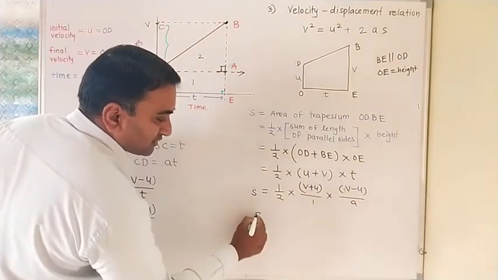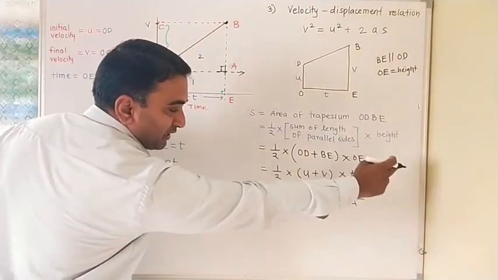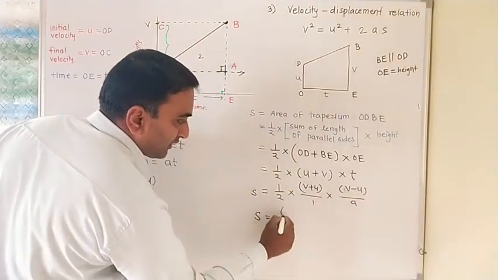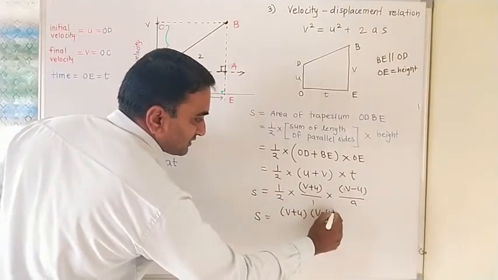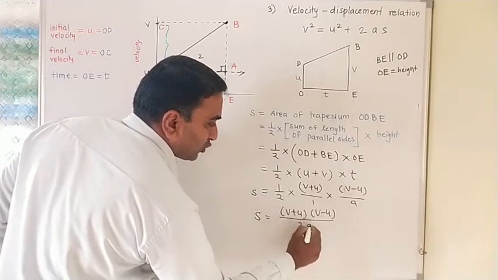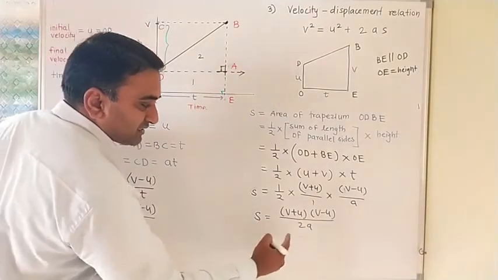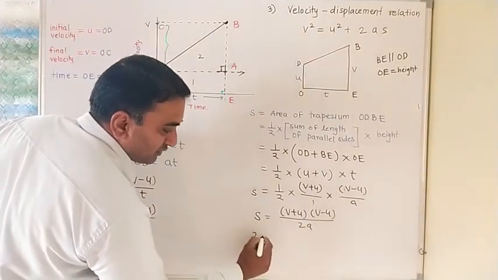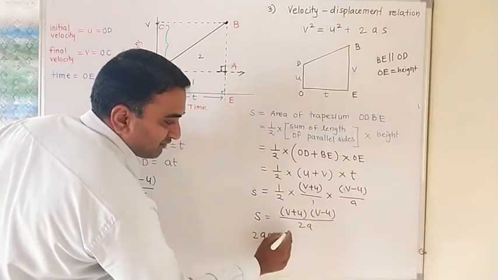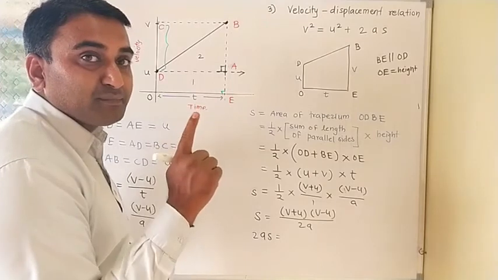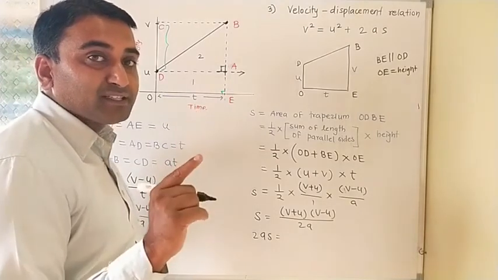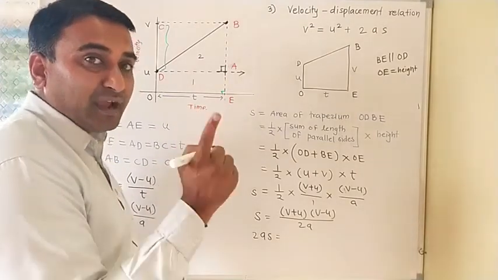If you do the multiplication of numerator and denominator, we get V plus U into V minus U divided by 2A. So as we are getting this, cross multiplication, 2AS is equal to, see here, identity: A plus B into A minus B is A square minus B square.